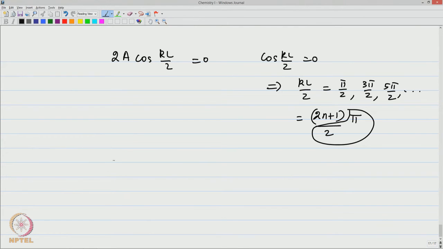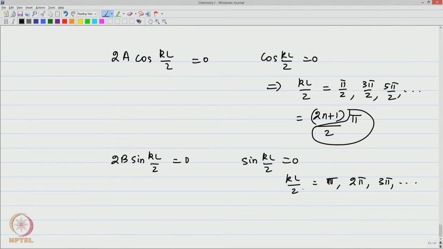If you subtract, you get 2 b sin k L by 2, and that is equal to 0, and this implies that sin k L by 2 being 0 or k L by 2 is n pi, namely pi, 2 pi, 3 pi and so on.